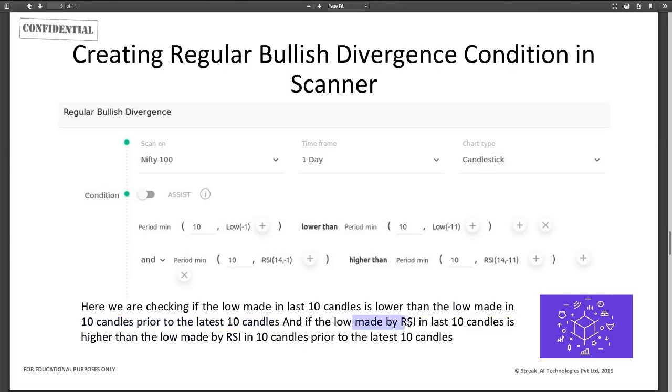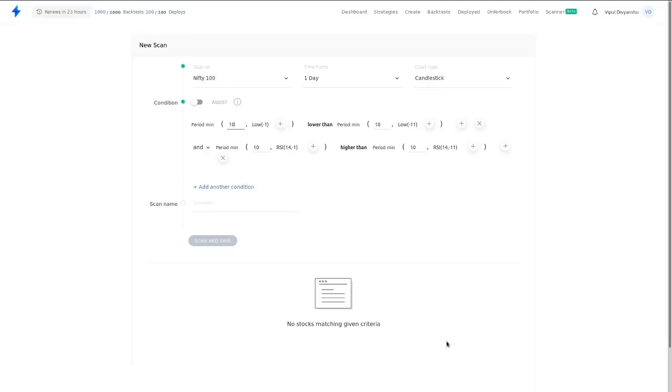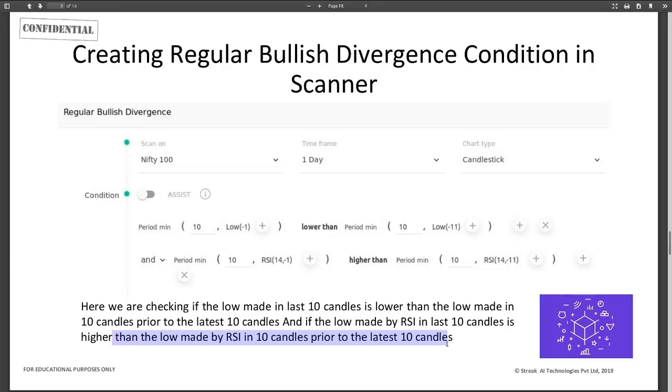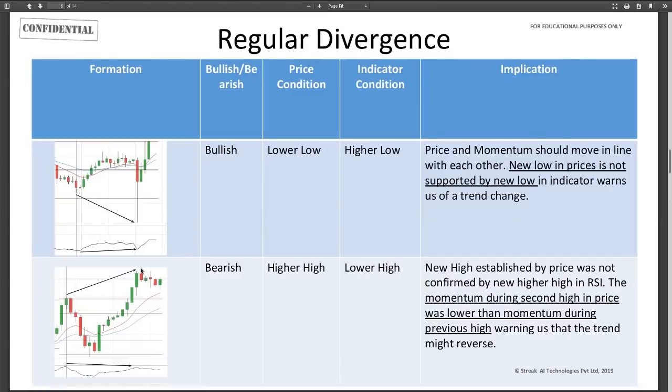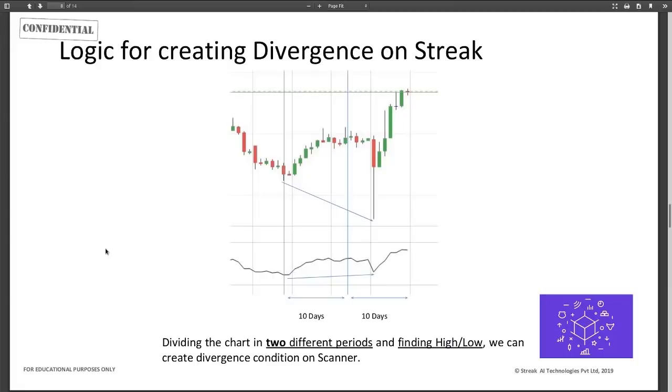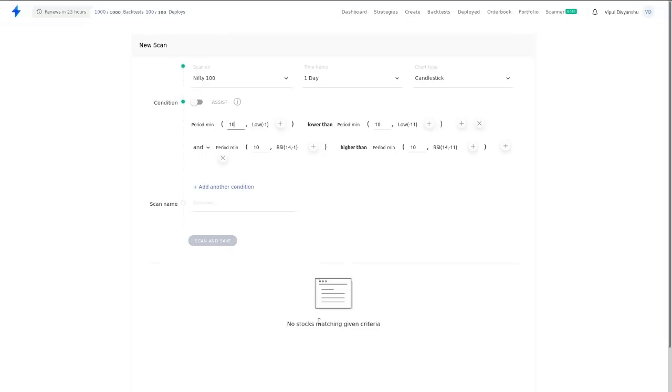Then the newest low formed by RSI in the last 10 candles is higher than the low made by RSI prior to the latest 10 candles. For simplicity, if I show it in the chart, this is what the first condition forms, this is what the second condition forms, both in a period of 10 days because we have put offset as 10 days.